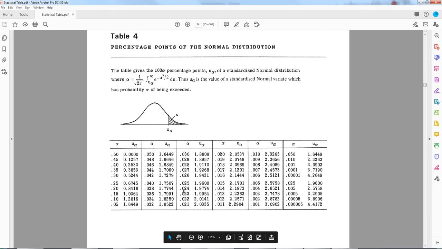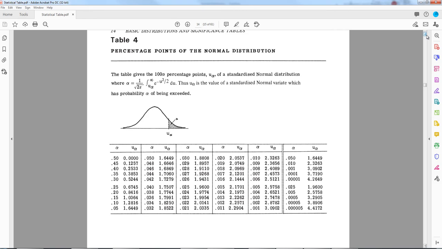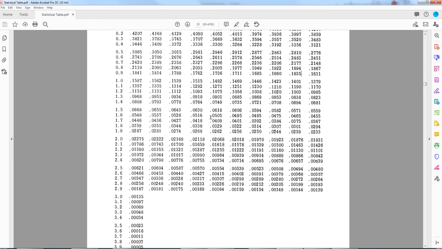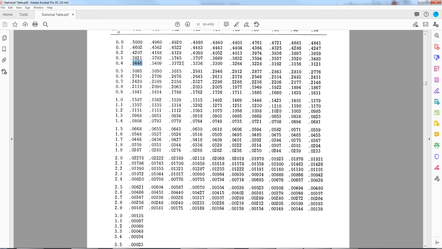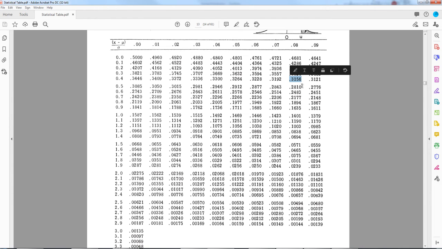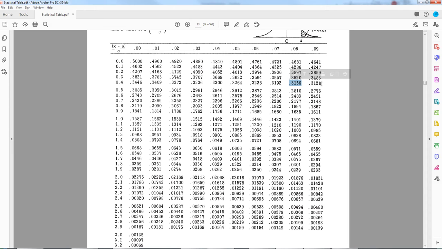So if we look here, 315 is not in table number 4, so we need to look at table number 3. So the area we are looking for is 0.315, and the nearest value is 0.3156. Right? This is the nearest value. So the value of k should be equal to 0.48. Can you understand? Any questions so far?